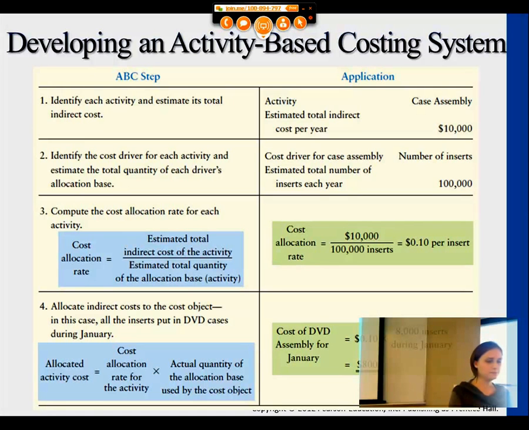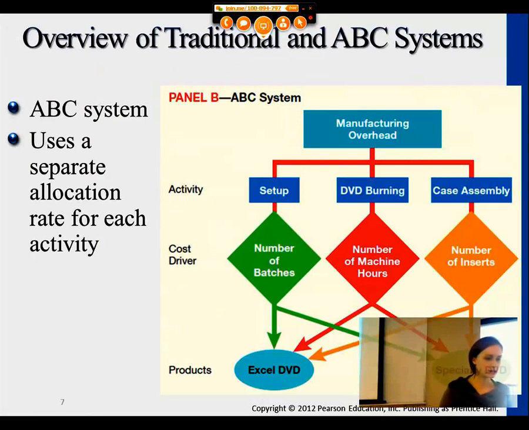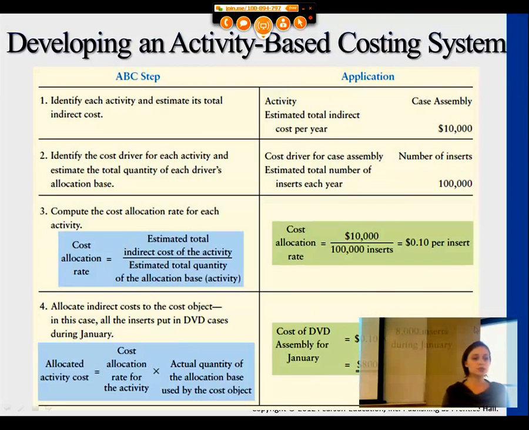We want to identify each activity and estimate its total indirect costs. For example, we had on the previous one, what is your activity? That's case assembly right here, the third one. So they want to estimate the indirect cost per year. That's an estimation. What does it mean?